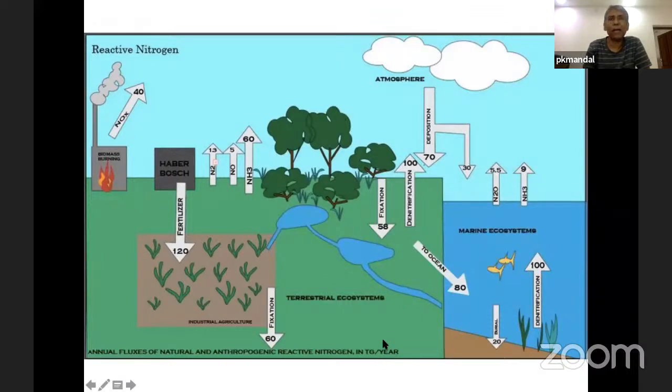Teragram is 10 to the power of 9 kg. If you see, the Haber-Bosch process is nothing but fixing nitrogen chemically in a factory, and the fertilizer is made, and those fertilizers are put there. This is a huge amount, and among all it is 120. Other than that, there are a lot of other things.